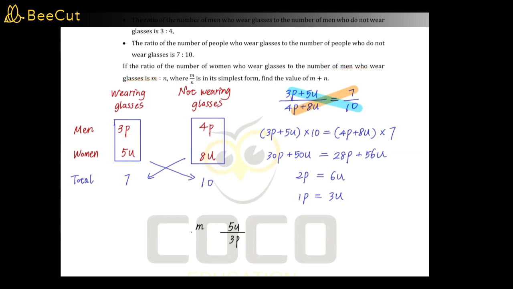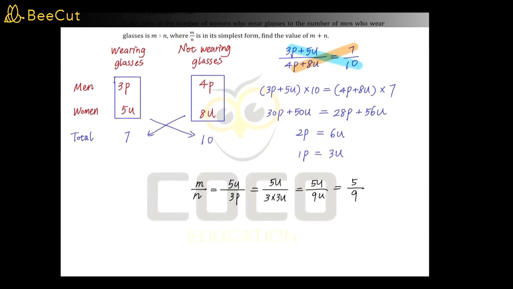This one is M over N. Now, because 1P equals 3 units, so 3P equals 3 times 3U, this is 9 units. Cancel the U, this is 5 over 9. So it means that M equals 5, N equals 9. The sum of M and N equals 14.